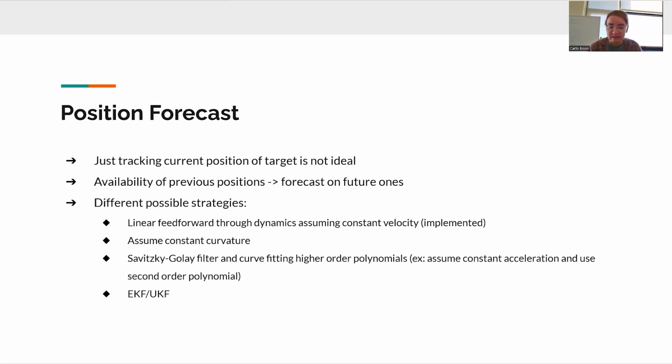This was implemented in some of our results in comparison to tracking just the current position. Other potential strategies that could be further investigated include assuming constant curvature or constant acceleration, curve fitting a higher order polynomial such as a second order polynomial, or using an extended or unscented Kalman filter.